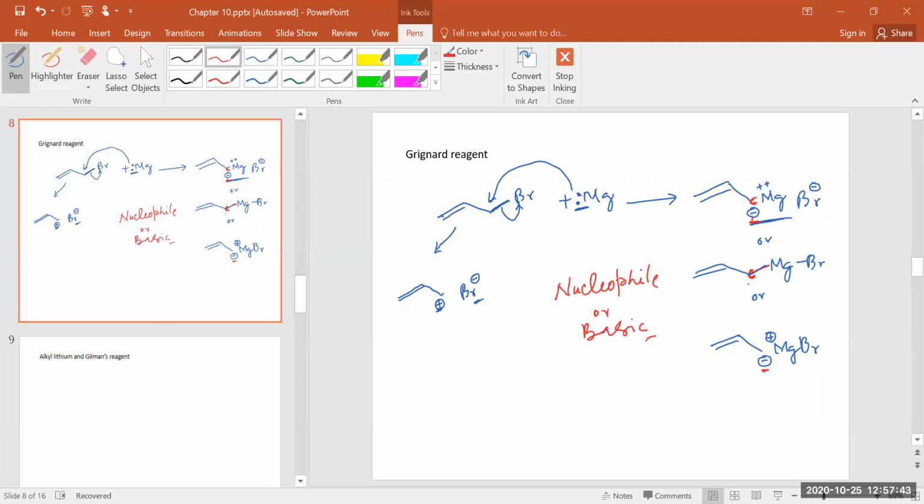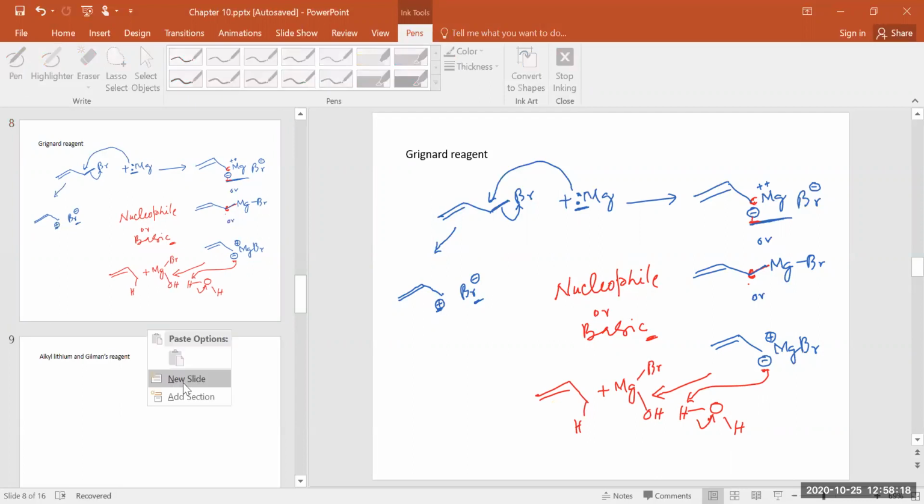That is the key. As soon as it finds an electrophile, it will react very quickly. Let's say the example, if you have water, it can quickly react with water and it will go as propene. One hydrogen came from water.